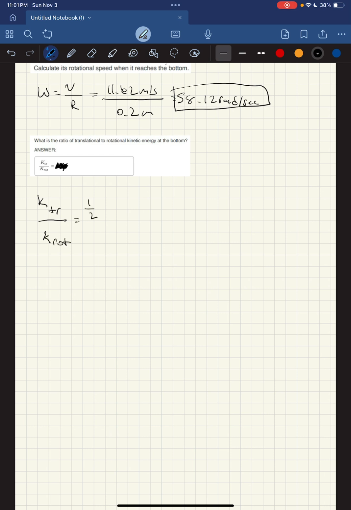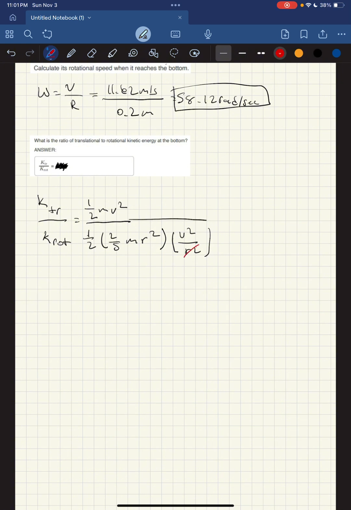So plugging in your formulas, you have 1/2 mv squared divided by 1/2 times 2/5 mr squared times v squared over r squared.